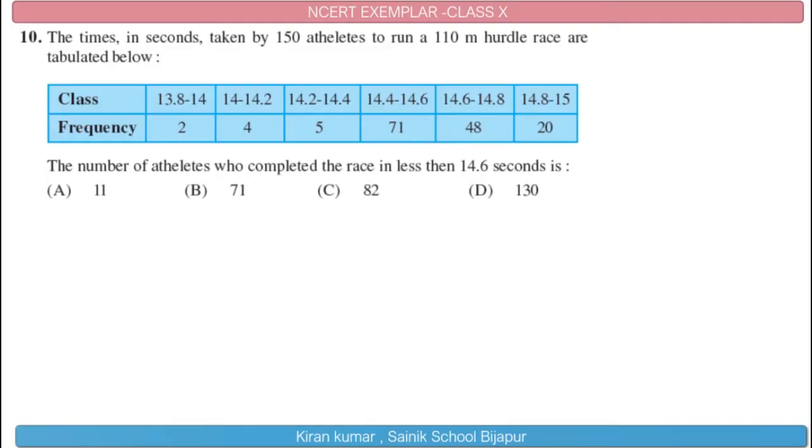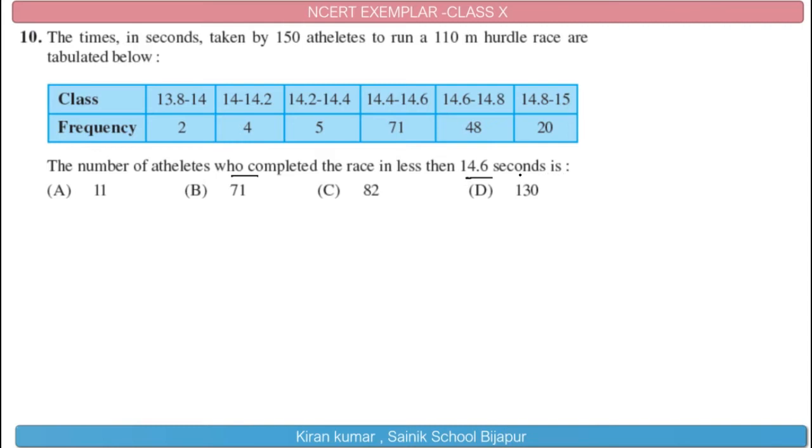Question 10 is: the times in seconds taken by 150 athletes to run a 110-meter hurdle race are tabulated below. The number of athletes who completed the race in less than 14.6 seconds is.